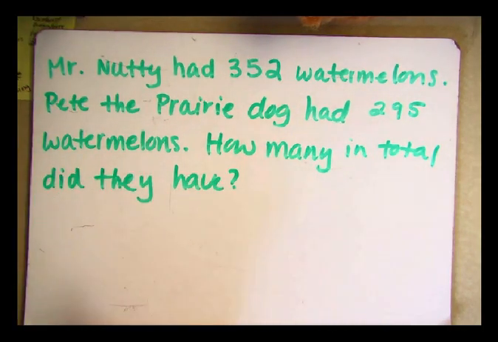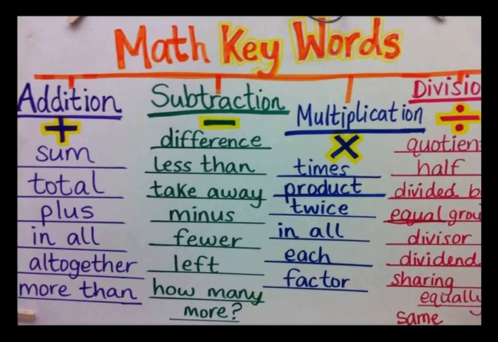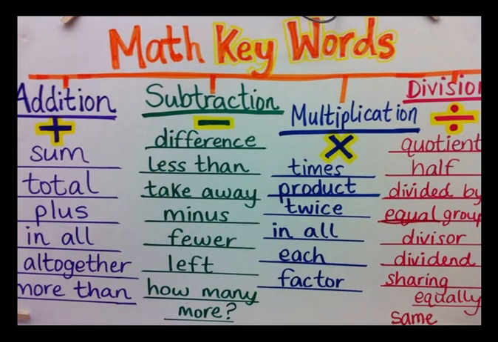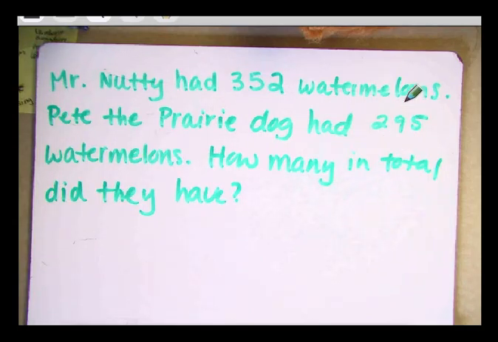How many in total did they have? So I need to find how many watermelons they both had. So if I look at my little chart again of my words, and if I look for the word total, because to me it seems like total.